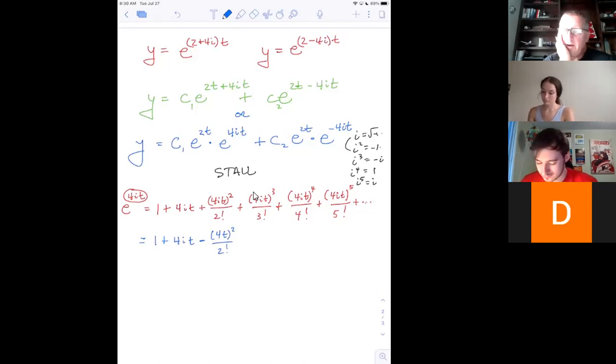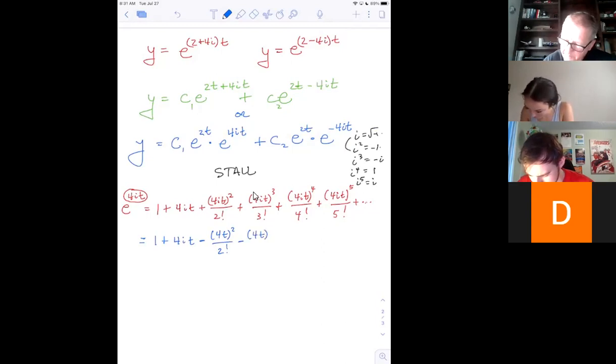All I did was square i, left the other stuff alone, and i squared turns into -1. What does i cubed turn into? Well, it's just -i. So it's negative, and then there's still a 4t cubed, and there's an i there, not i cubed anymore, because i cubed is -i. So I put the negative out there. Are you okay? We doing all right? Seeing that?